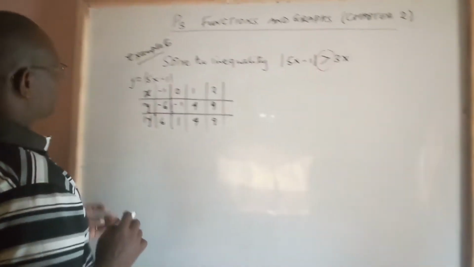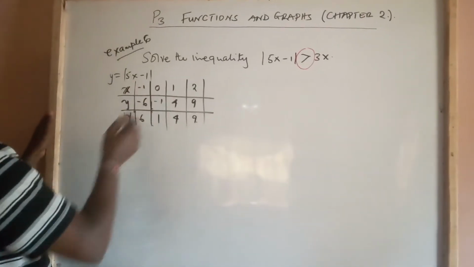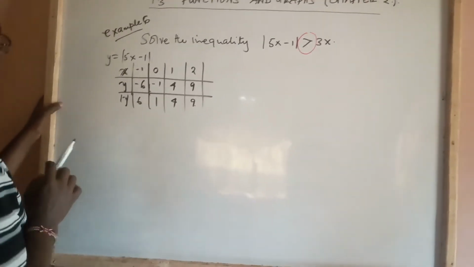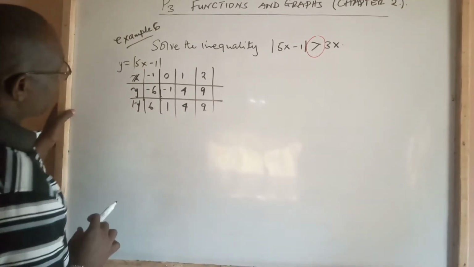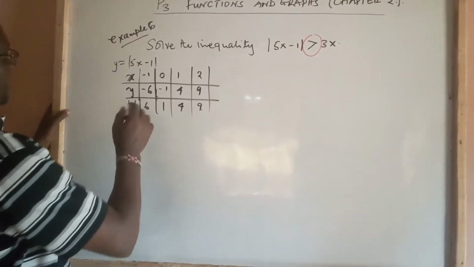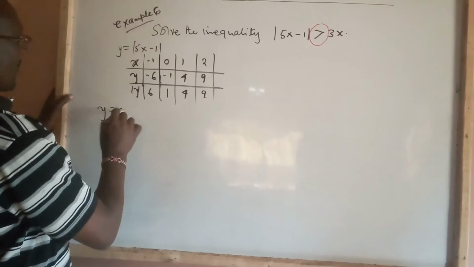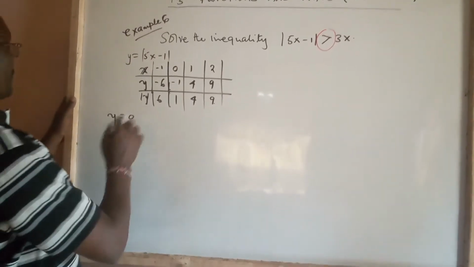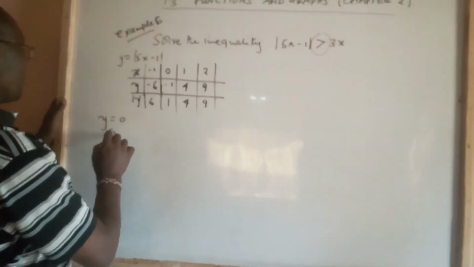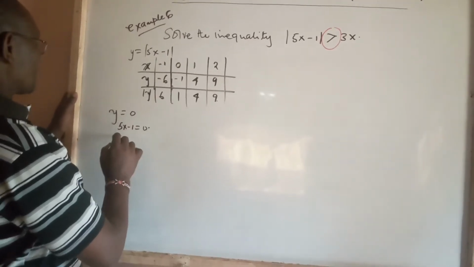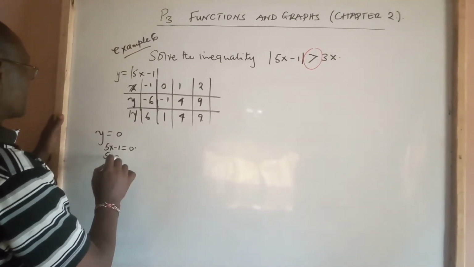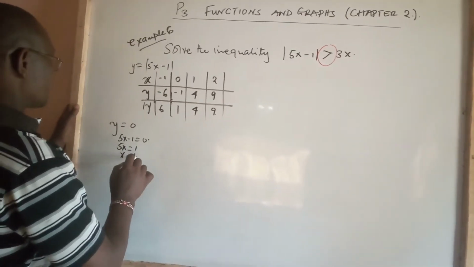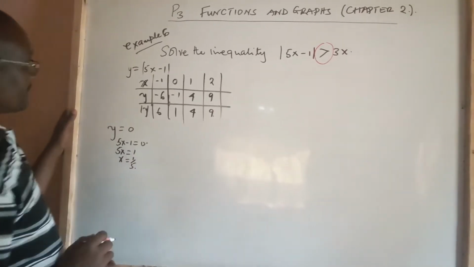But most importantly is the turning point. Where does the graph cut or meet the x-axis? It meets the x-axis when y is equals to 0. So we have 5x minus 1 is equals to 0, and 5x is equals to 1, and x is equals to a fifth.